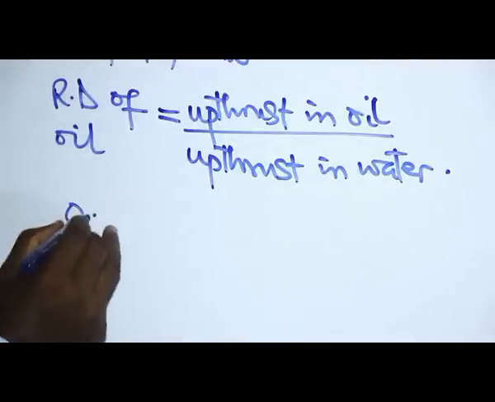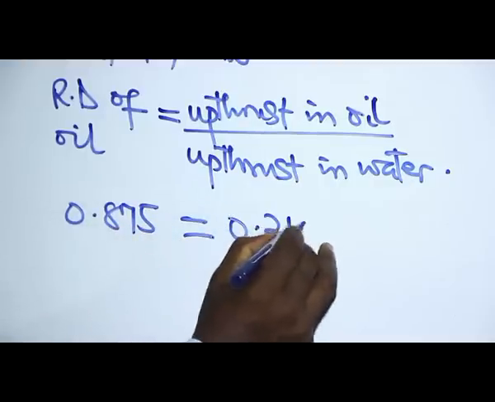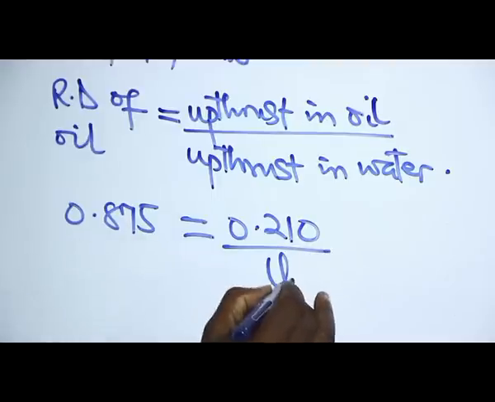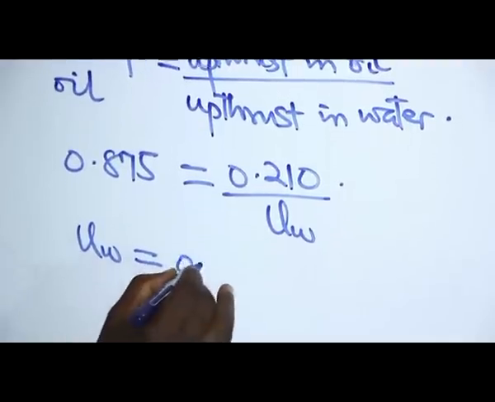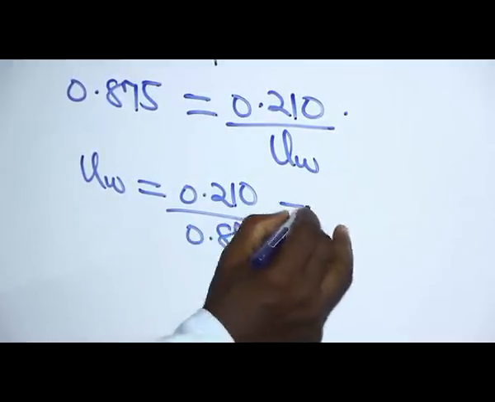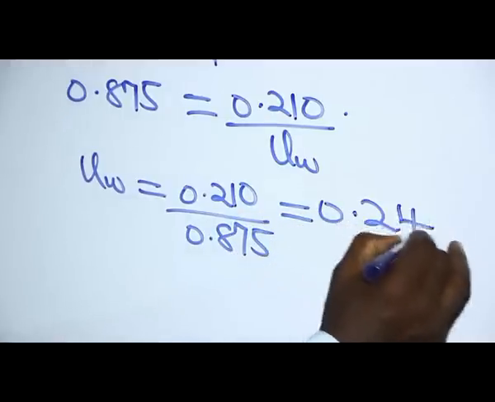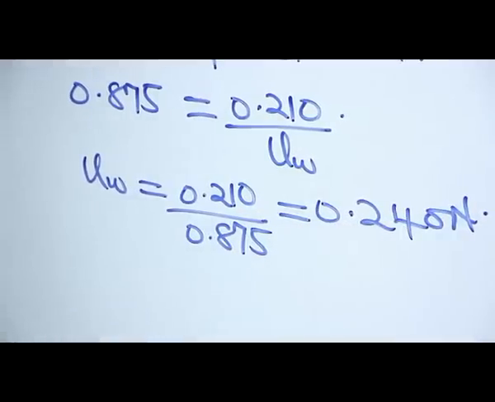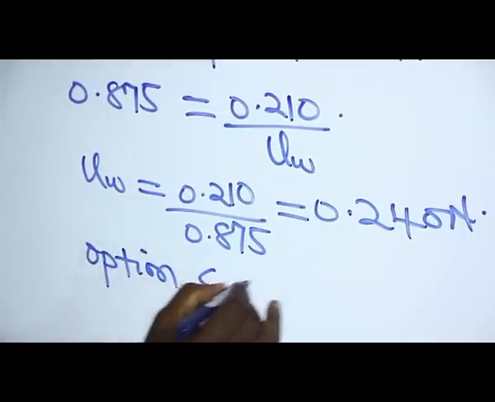So 0.875 is equal to 0.210 divided by the upthrust in water. Upthrust in water will now give us 0.210 divided by 0.875, which is equal to 0.240 Newton. By this calculation, option C is correct.